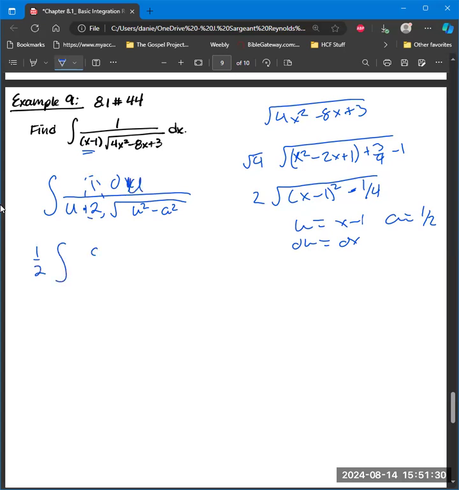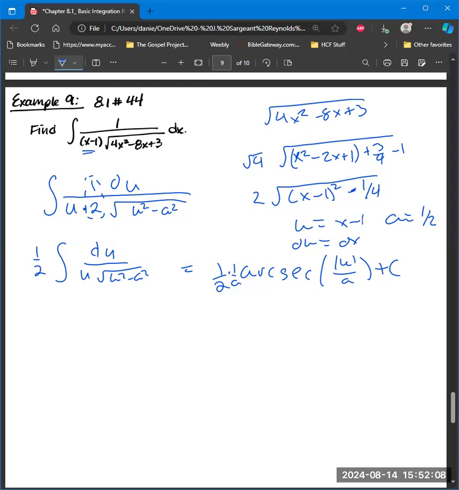Du over u square root of u squared minus a squared. And that's going to be 1/2 arcsecant of the absolute value of u over a plus c. So that's going to be also a 1 over a out here in my formula. So 1 over 2 times a. So 2 times 1/2, that's going to be 1.